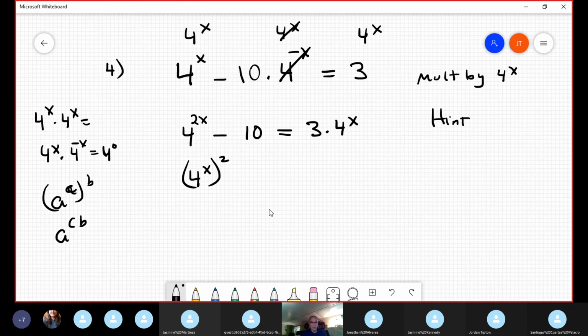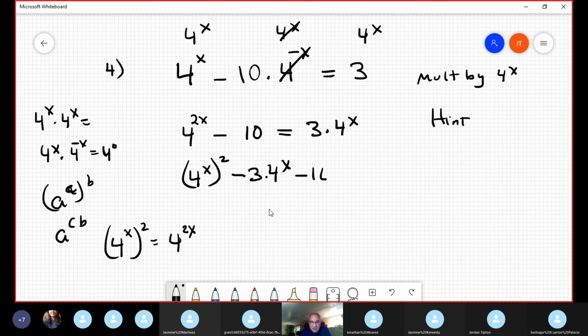So 4 to the x squared is equivalent to 4 to the 2x or x2. Minus, okay, so I bring this guy to the other side like a minus 3 times 4 to the x, don't forget this, minus 10 is equal to 0.